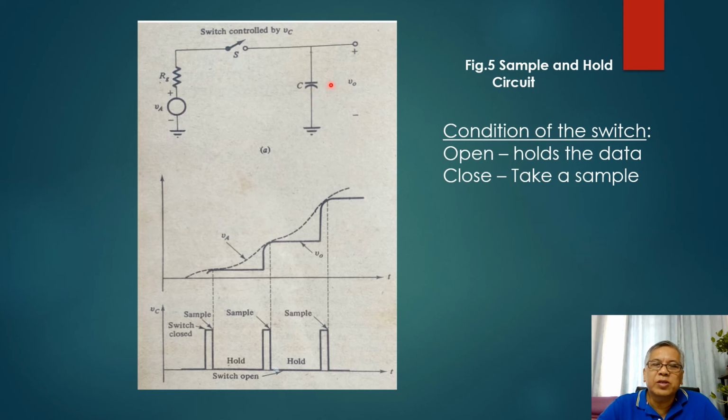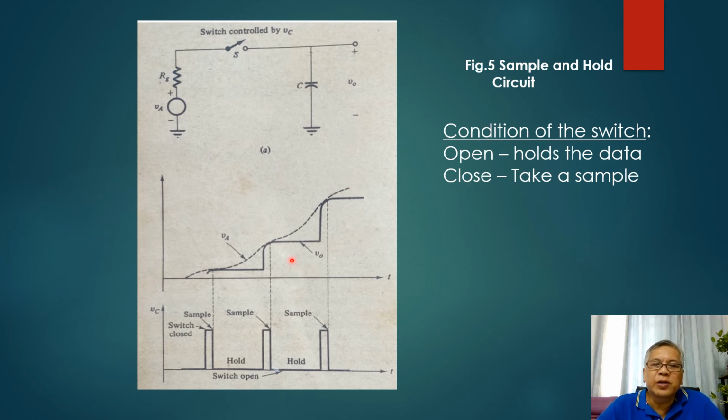We know that the capacitor charges and discharges. Now, there are two conditions of the switch. We have an open switch, which means it holds the data, and we have the closed condition of the switch, which means it takes a sample of the data or the signal.